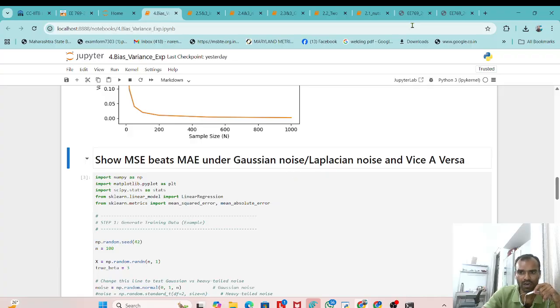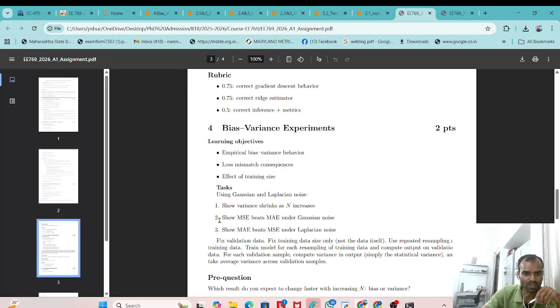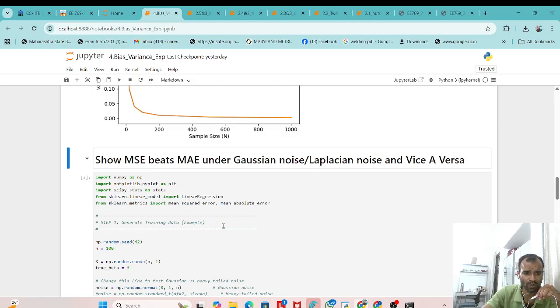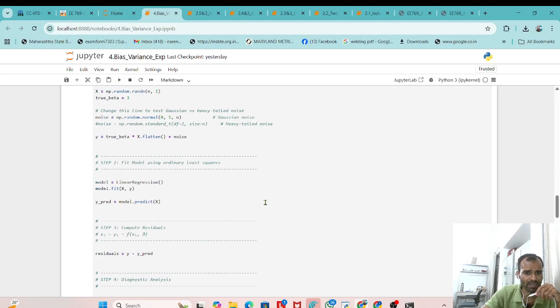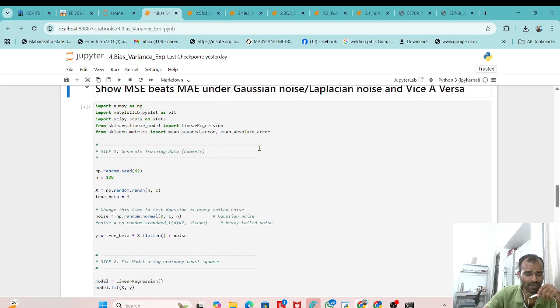I have explained both these questions. I show MSE and MAE in this particular code. For the Gaussian noise MSE beats MAE, and for the Laplacian noise MAE beats MSE. I have explained the MSE and MAE concept earlier.